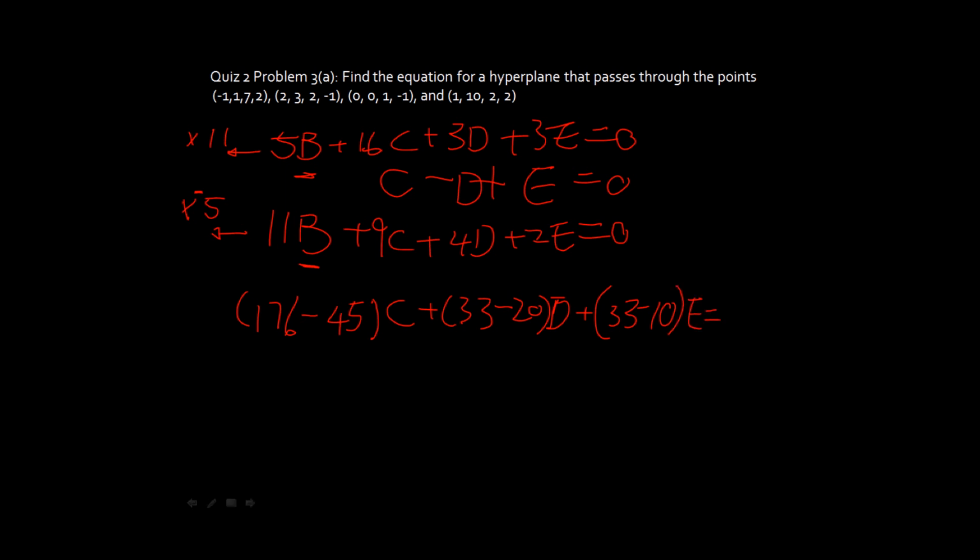like that. Okay, so if I do some arithmetics, I have 131, this one is 13, this one is 23, right? So I basically get a new equation without B. Of course, if I look back to this equation, it doesn't have B in the beginning, so I just copy it right here.